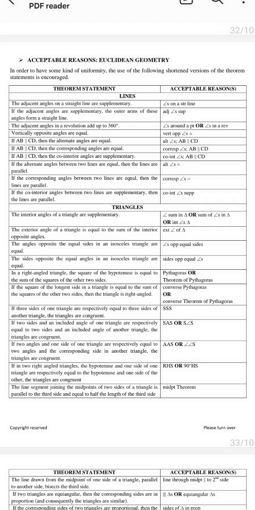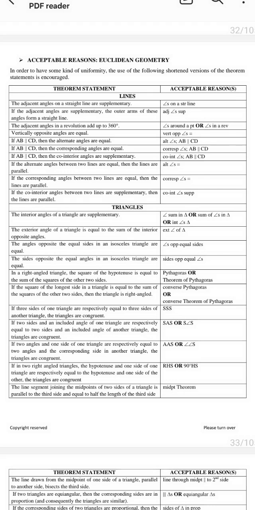This is one of the documents that should be on your wall so that you know the right reasons to be using. So adjacent angles on a straight line are supplementary. If you look at the second statement, it says if the adjacent angles are supplementary, the outer arms of these angles form a straight line. Now we use this one to prove that a line is actually a straight line.